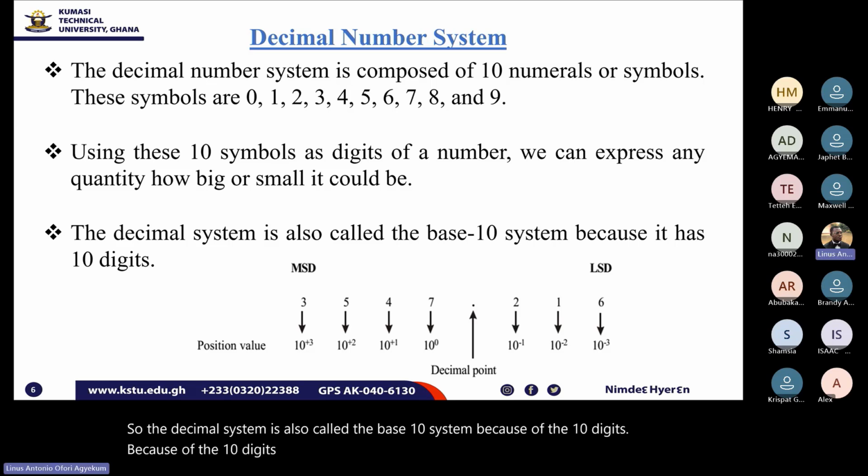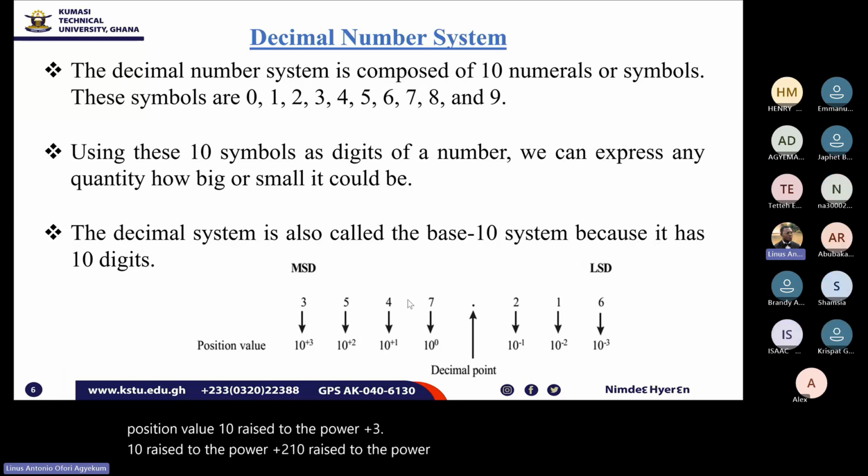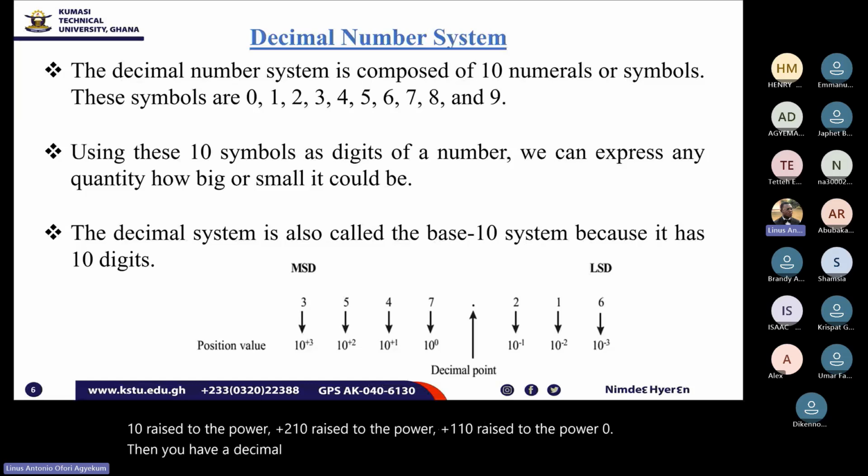Now, look at this diagram where you have position values: 10 raised to the power positive 3, 10 raised to the power positive 2, 10 raised to the power positive 1, 10 raised to the power 0. Then you have a decimal point. After the decimal point, you have 10 raised to the power negative 1, negative 2, and negative 3.